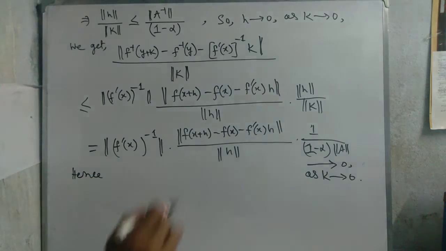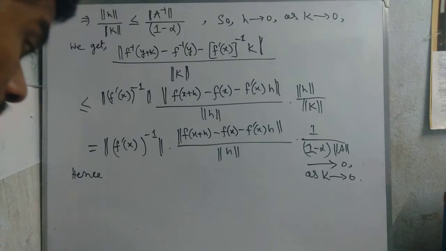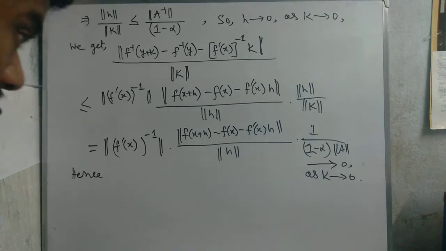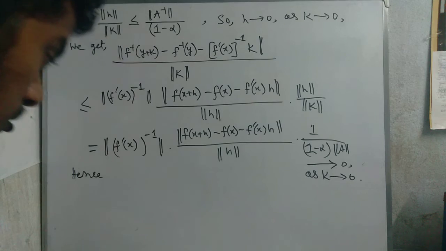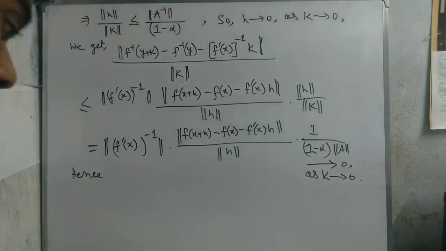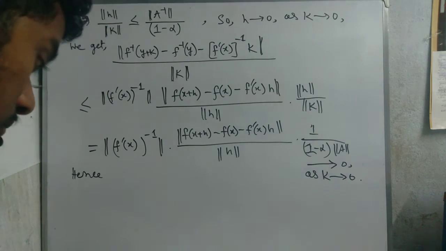So what we get here is that this tends to 0 as k tends to 0, since f is differentiable and (f'(x))⁻¹ exists, so not a problem.